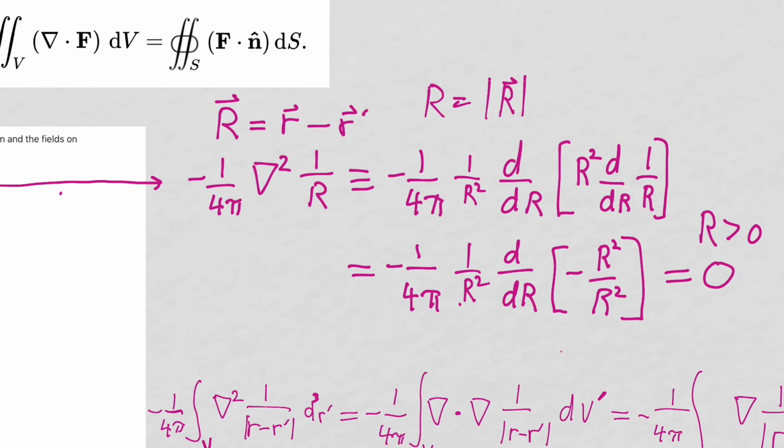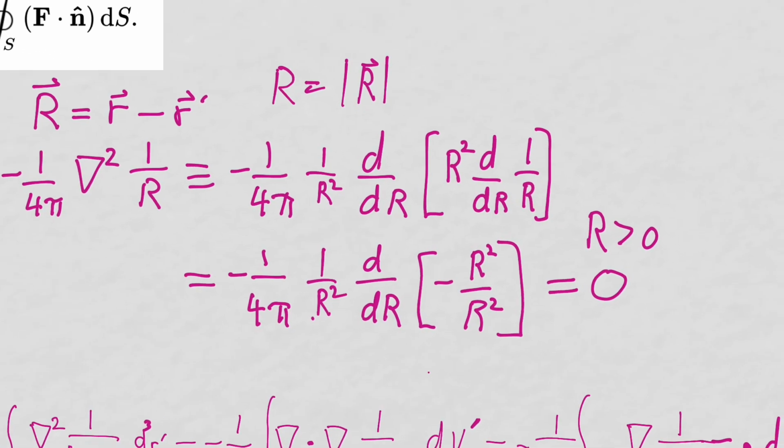But now that we are dealing with a vector of length r, we're going to shift into a spherical polar coordinate system where this vector capital R is attached to the origin. And so now we're in a nice spherical coordinate system. So we're going to write down the Laplacian in that spherical coordinate system.